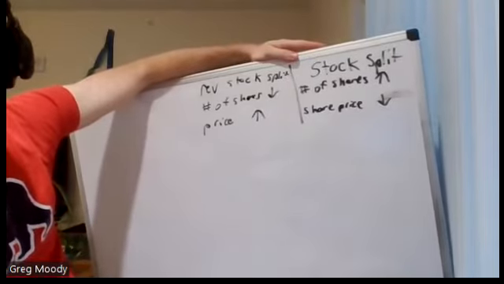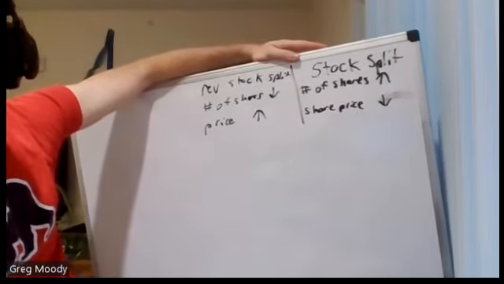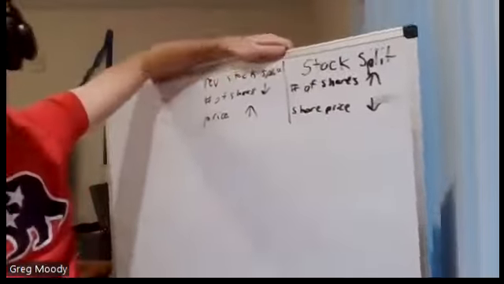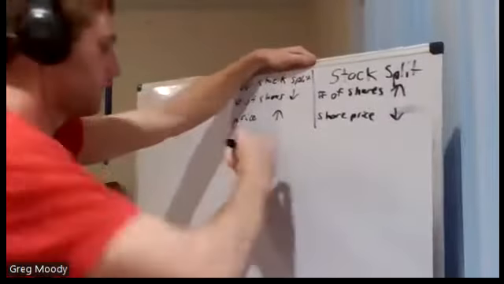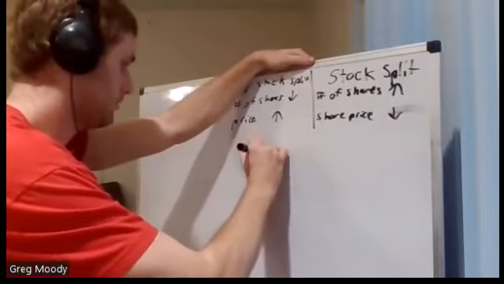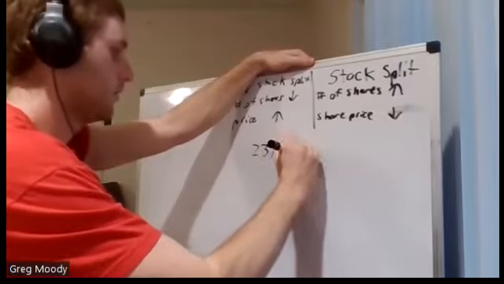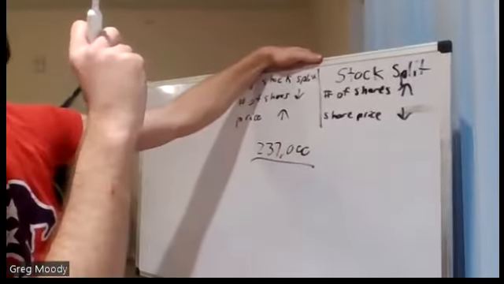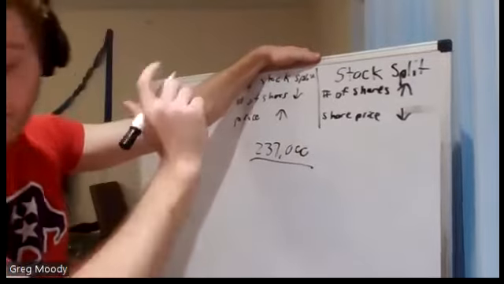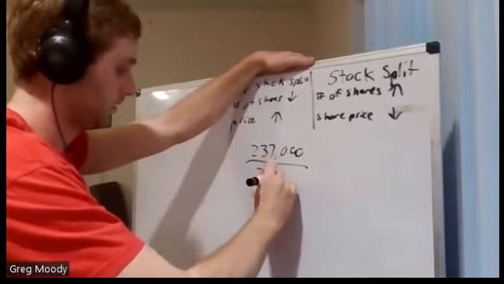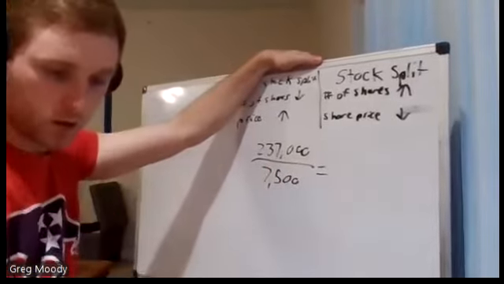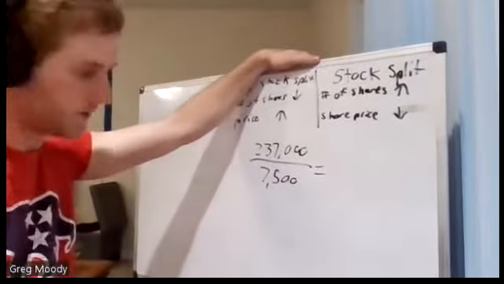So we have to find our current market price. To do that, we're going to take our equity, which is $237,000, over our number of shares, which is 7,500. And that's going to give us our current market price.